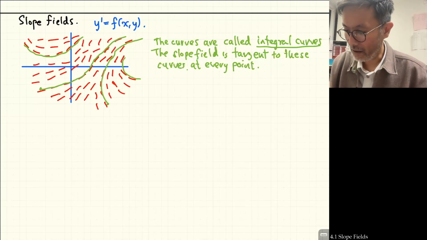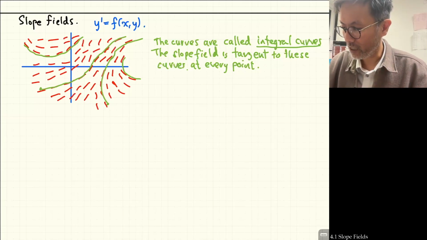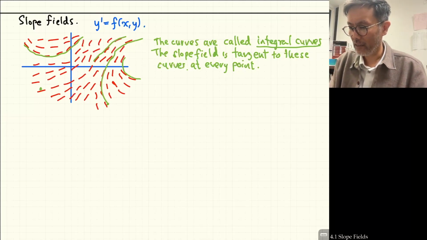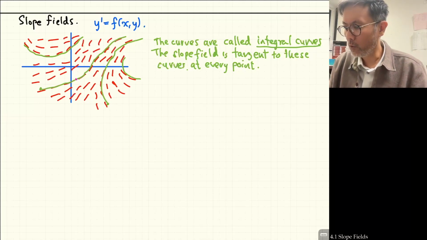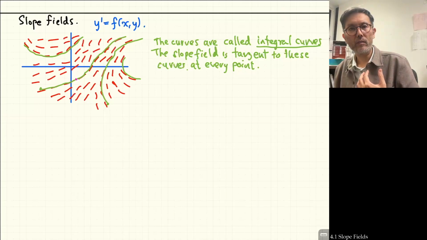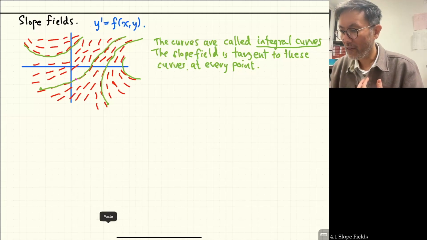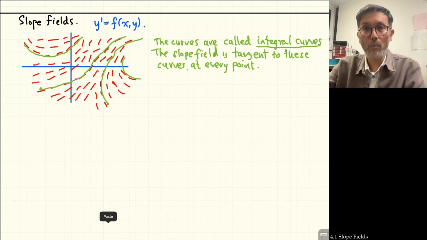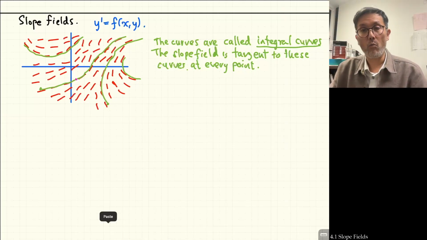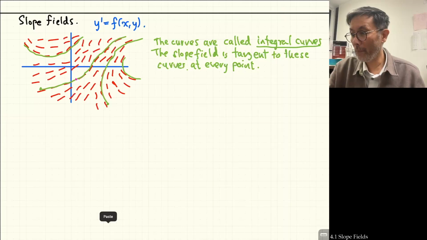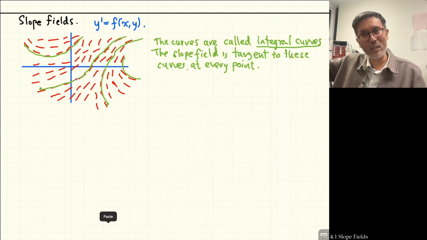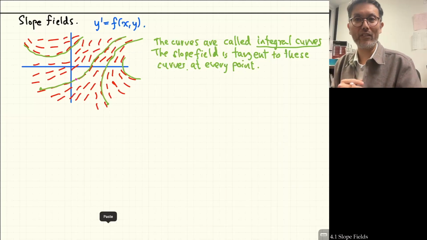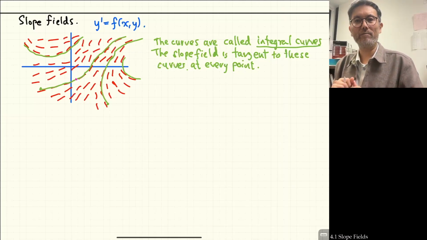So if we take a fixed point x comma y right there, and we imagine the tangent line to that curve, well, that tangent line is going to have slope given by y prime. But y prime is precisely f of x y, and that's going to be precisely the slope of the slope field that we find in the slope field.